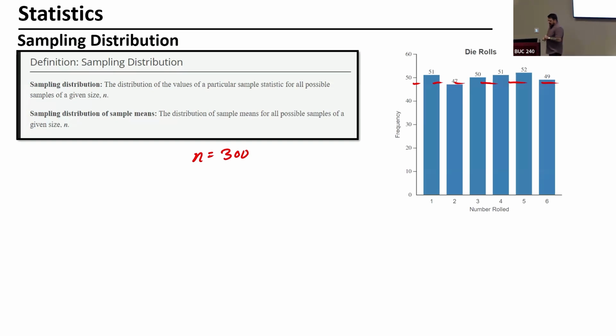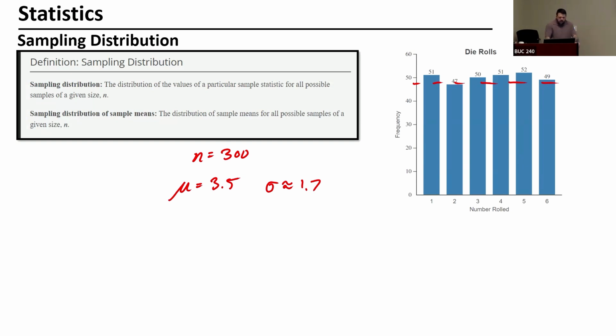Okay, so having said that, let's remember you have ways to figure stuff out. If you put this in your calculator, if I told you N is 300, you could find the mean of this. The mean would be 3.5. Standard deviation, I think it's 1.70.